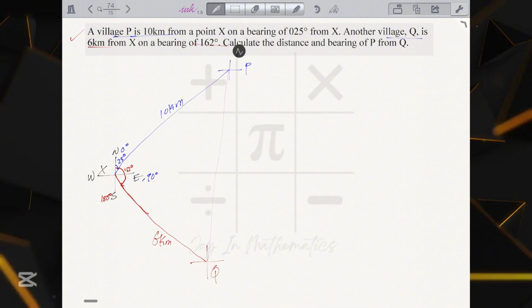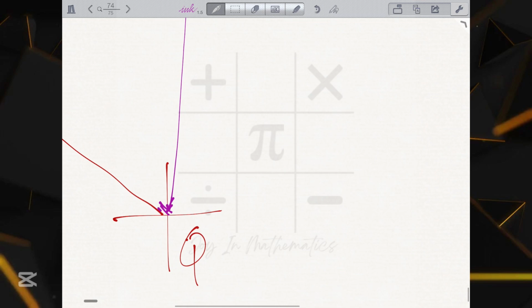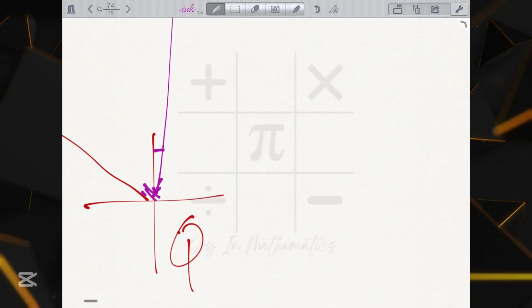The question now says, calculate the distance and bearing of P from Q. So we are looking for the distance PQ, let's call it x, and the bearing of P from Q. So we are considering from Q, and we are looking for this angle. Remember, we are starting from the north. Let's call this alpha.